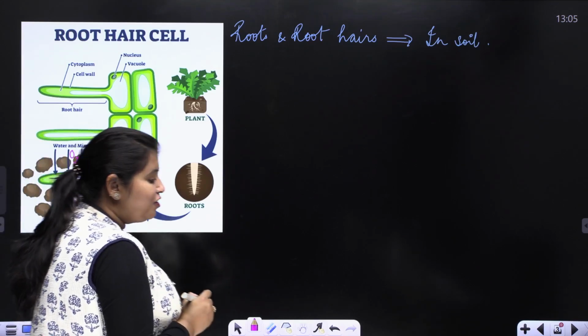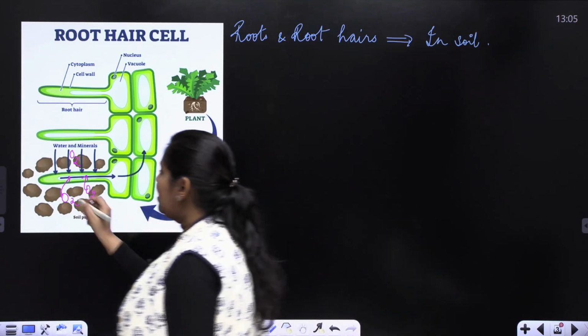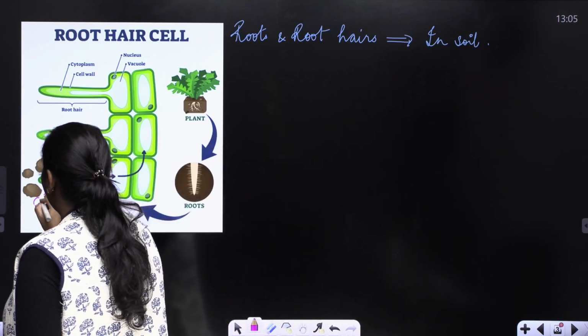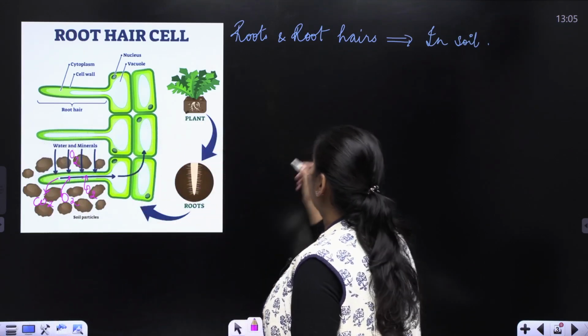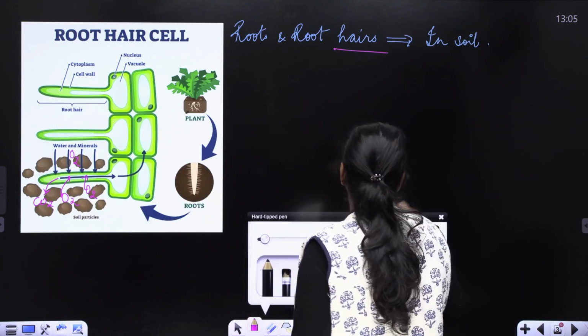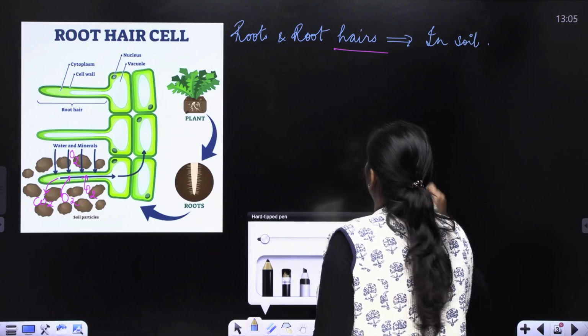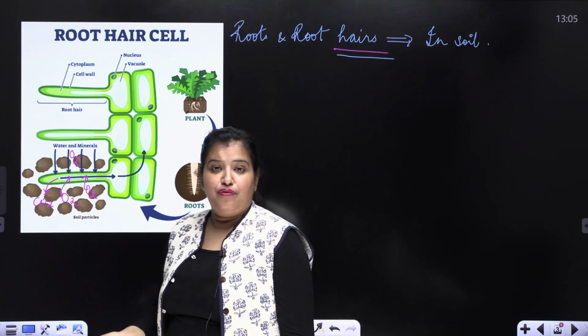And once this diffusion has taken place, the CO2 will be given out here only in the soil air. And that is why we say that root hairs are present in the soil and they help in gaseous exchange again by the process of diffusion.